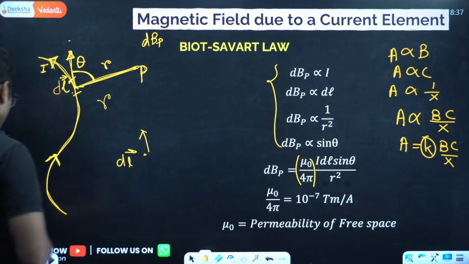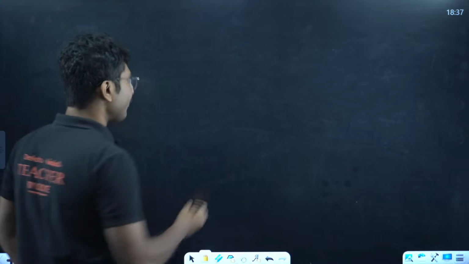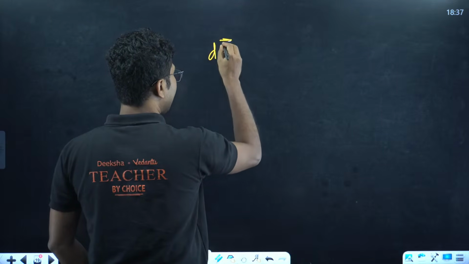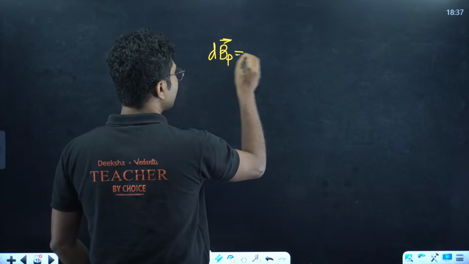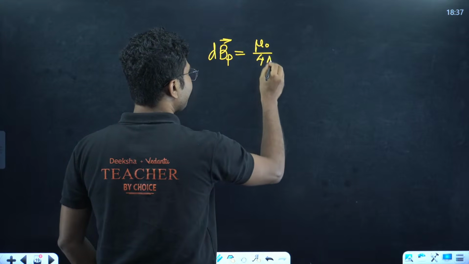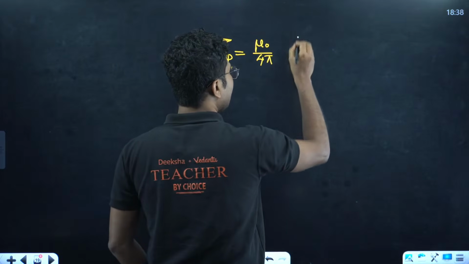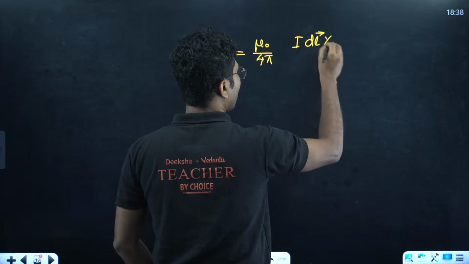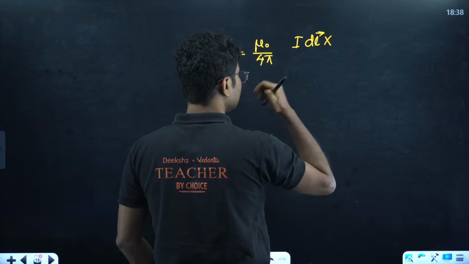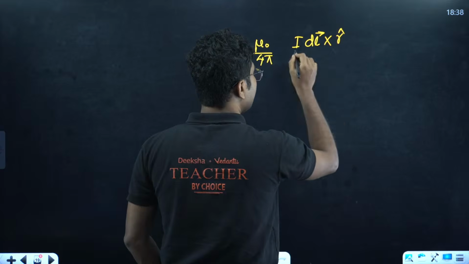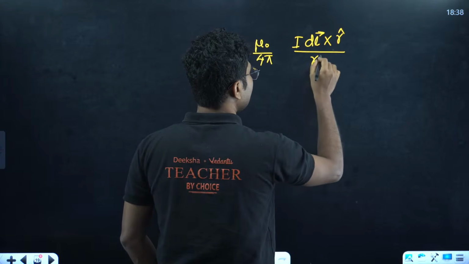Sometimes you might be asked to write it in vector form. The vector form of Biot-Savart's law is given by dB equals mu naught by 4 pi I dl cross r cap divided by r square.